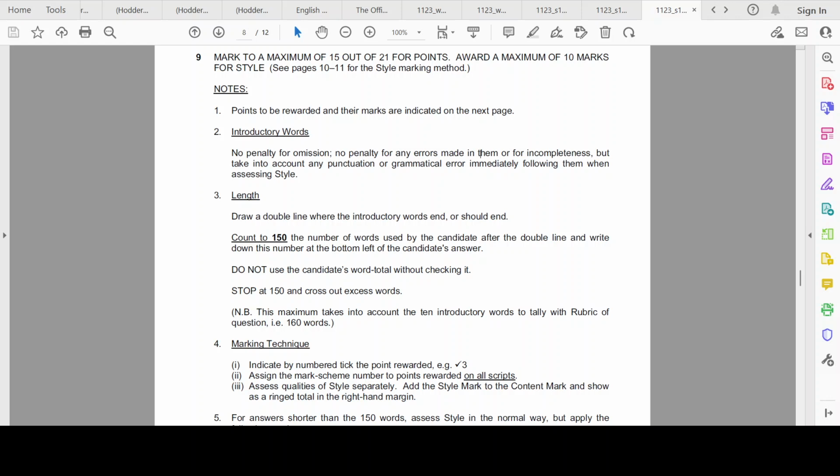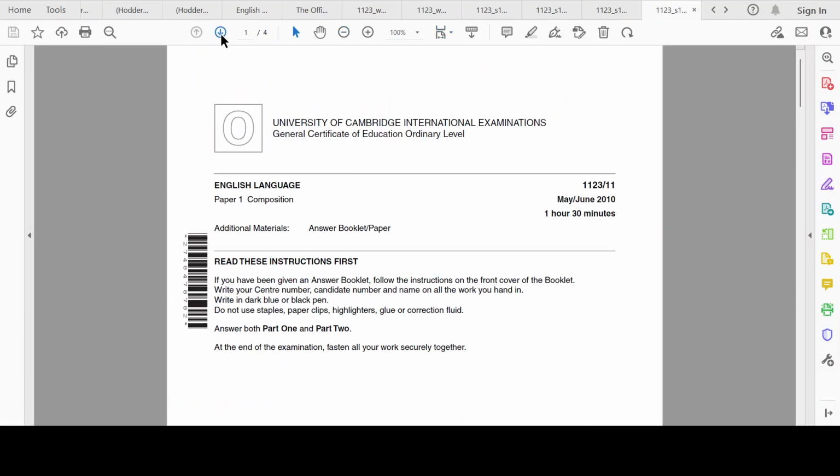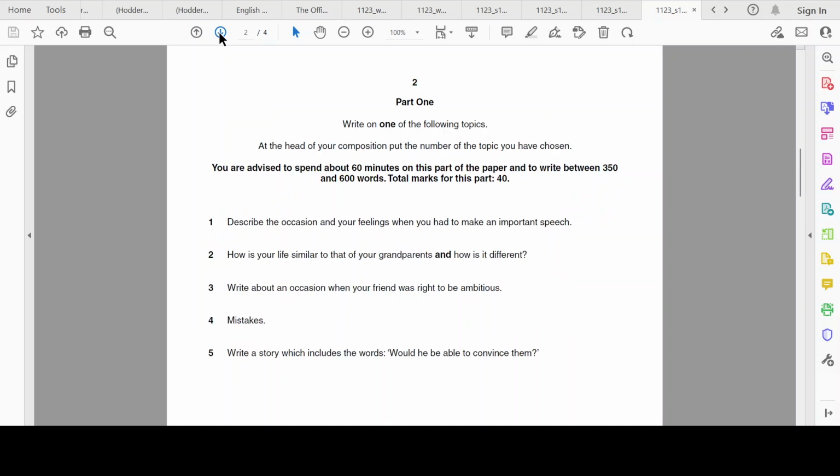And finally, if we take a look at the writing paper from back then, and we can even go further, but you get the idea. You can see that they used to be long, 350 to 600 words, and they didn't highlight clearly description, argumentative and persuasive, but you can at least pick two of these. Describe an occasion and your feelings when you had to make an important speech.